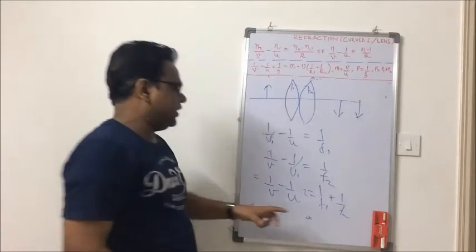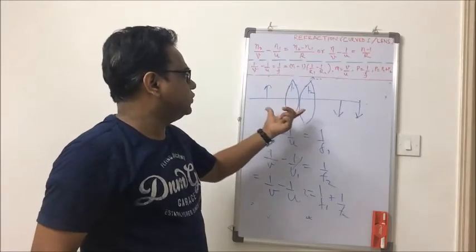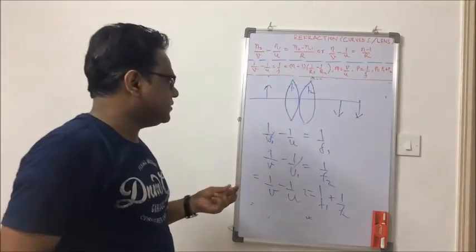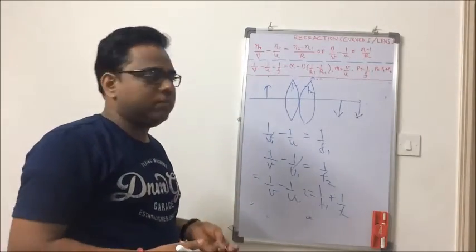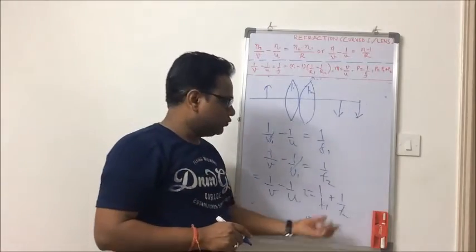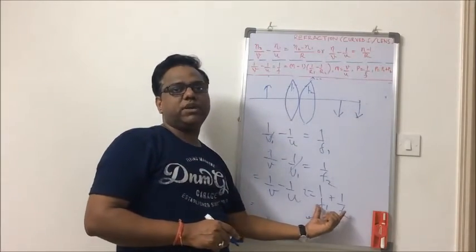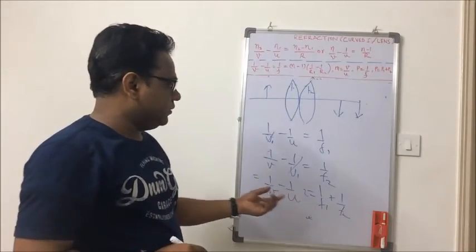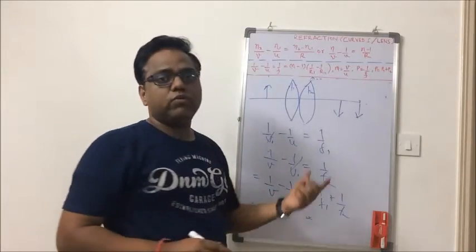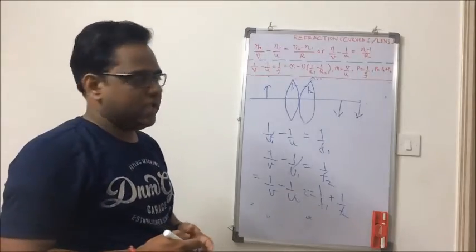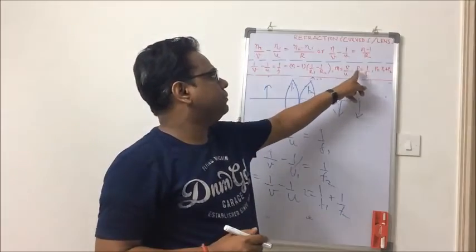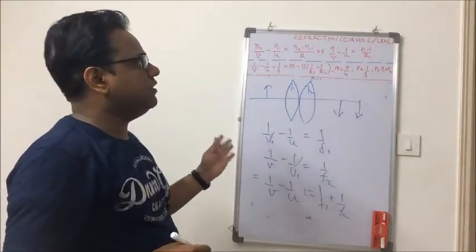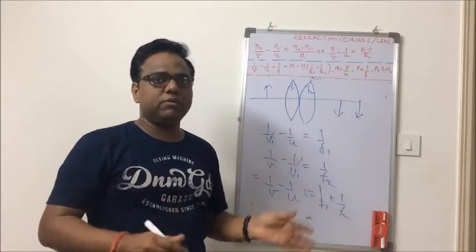So it looks like if you join these two lenses, you can replace them by a single lens whose focal length satisfies 1 by F equal to 1 by F1 plus 1 by F2, and as we know, P is equal to 1 by F, so P of the combined lens would be P1 plus P2.